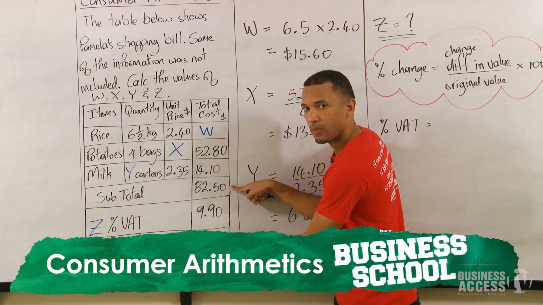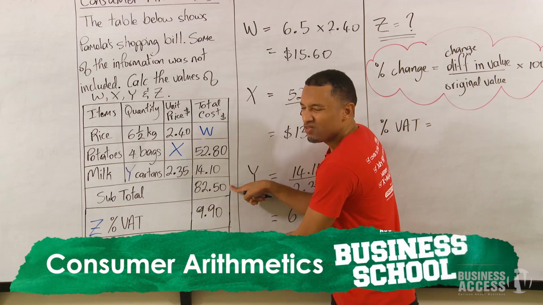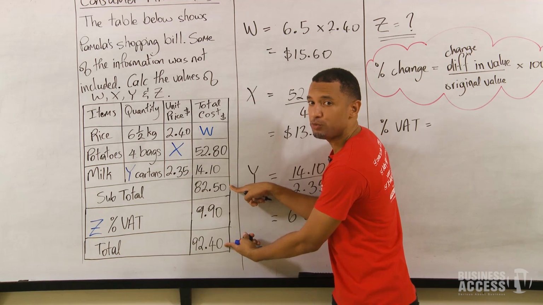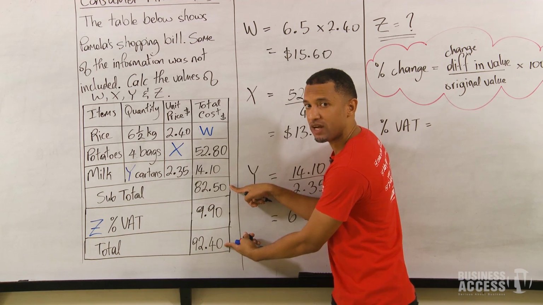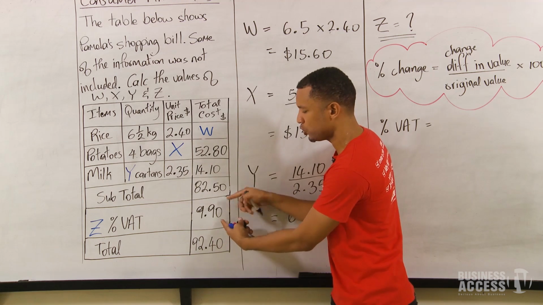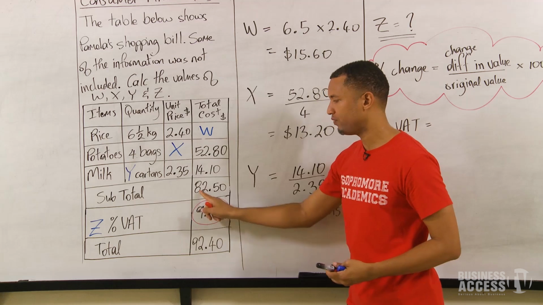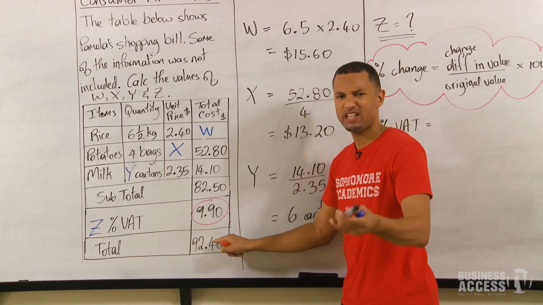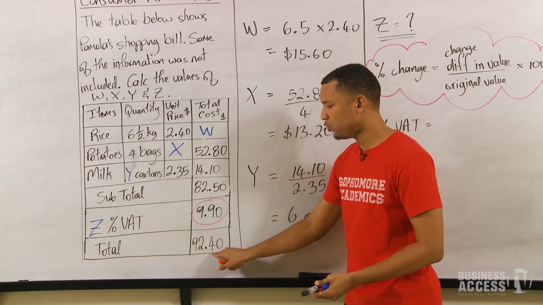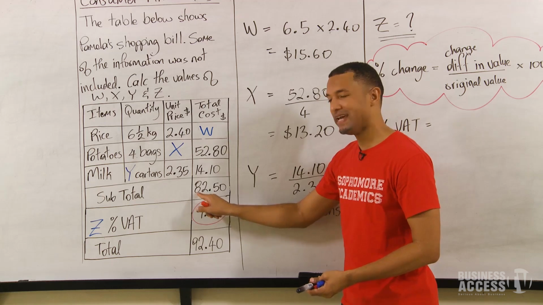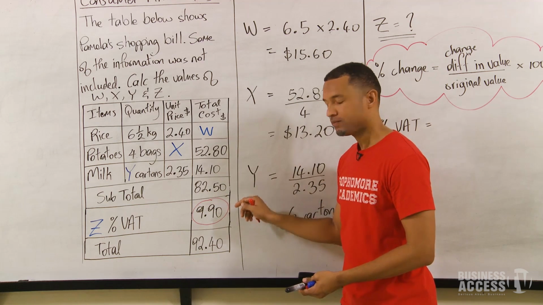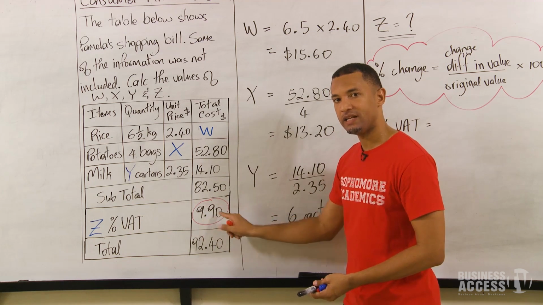Now follow me. Normally you might have to do the subtraction to find out the difference in value, but in this case they already told us what the difference in value was. It is this $9.90. Now if you want, you can check it. $92.40 minus $82.50 would give you $9.90.